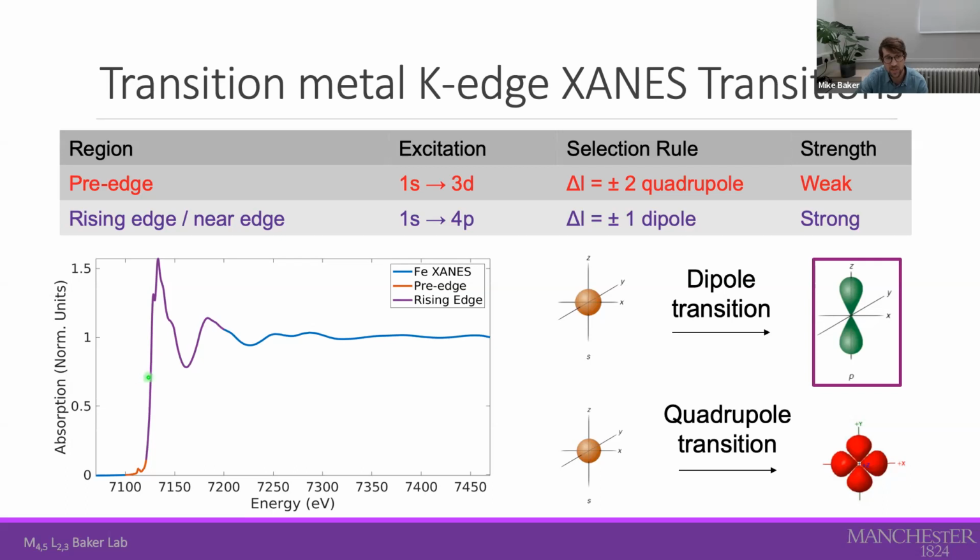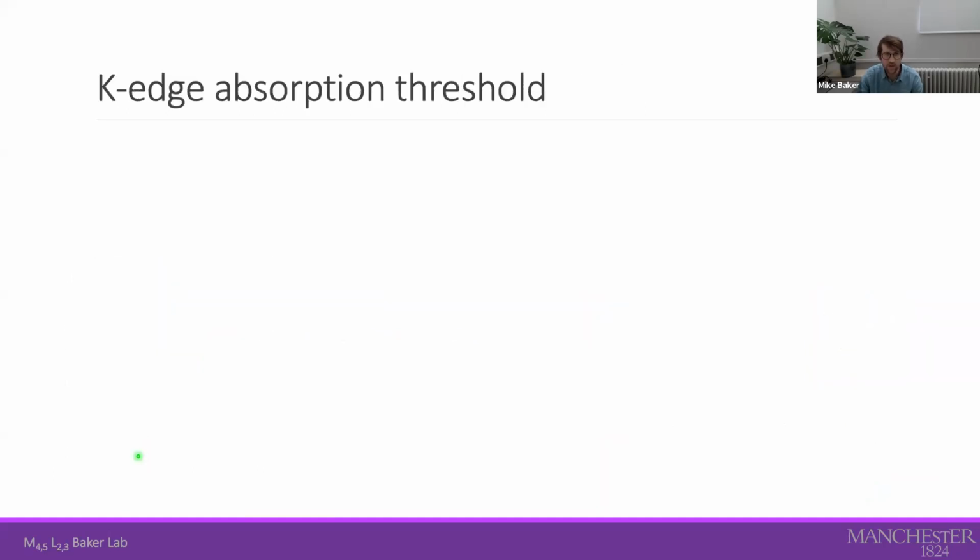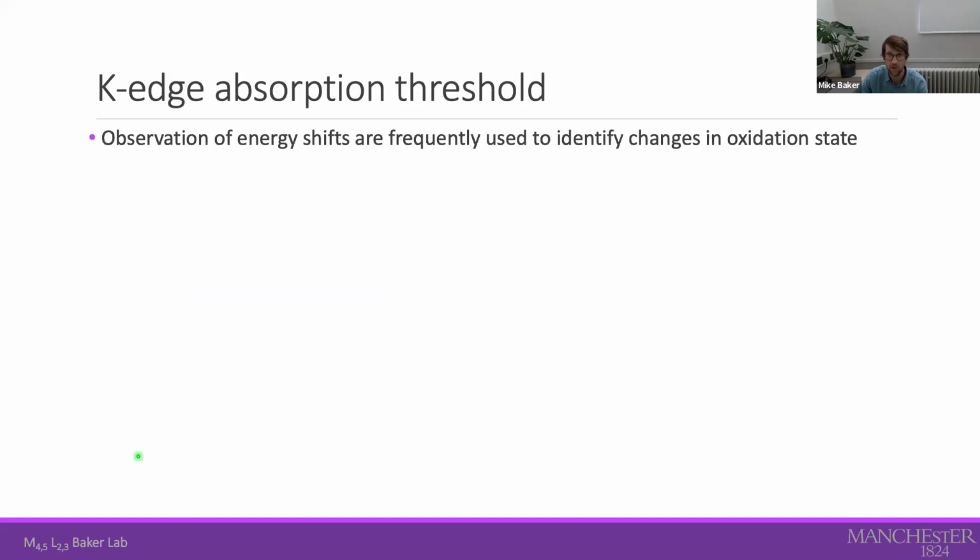You can therefore use this as an empirical way of tracking changes in oxidation state, or comparing different samples to discern what the oxidation state might be. However, I'd also want to add that the pre-edge region is extremely valuable for such quantification of oxidation state too. And there are a few limitations in the use of this rising edge for oxidation state determination that I'll outline as follows.